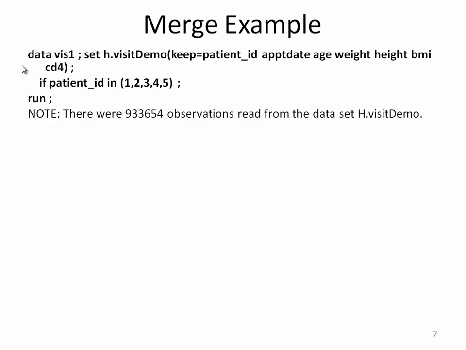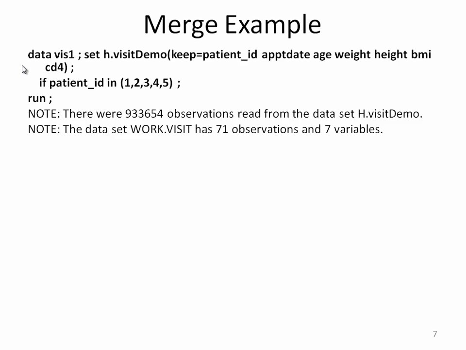In this particular example, it doesn't match exactly with our demonstration data set. There were about 933,000 observations in the original visit data set. So in this data step, where I'm keeping only the records for patient ID 1, 2, 3, 4, and 5, I end up with 71 observations in this subsetted data set.